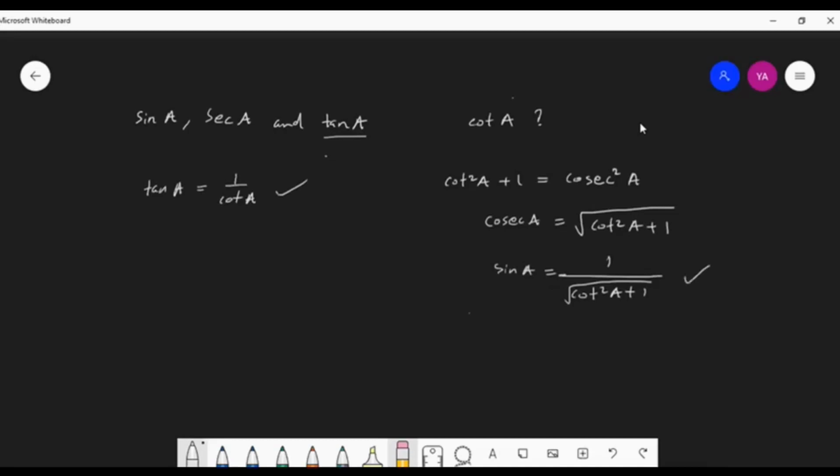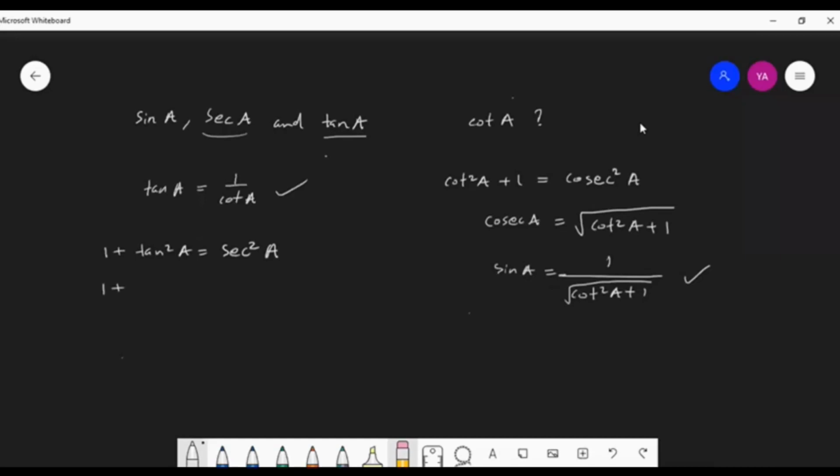Now we need sec A. To get sec, either we get cos, otherwise we can find sec directly using tan. So how can we do it? 1 plus tan square A is equal to sec square A. So using this identity, we can apply tan A here.